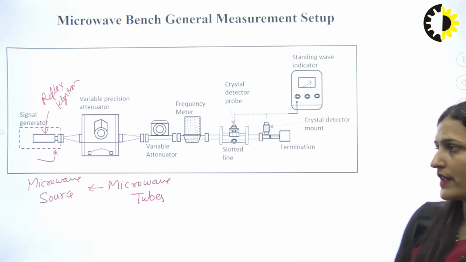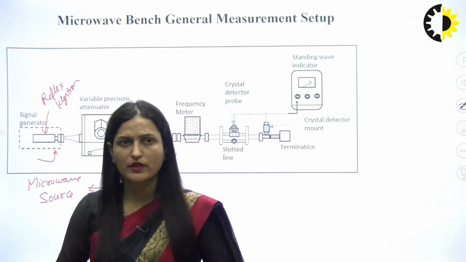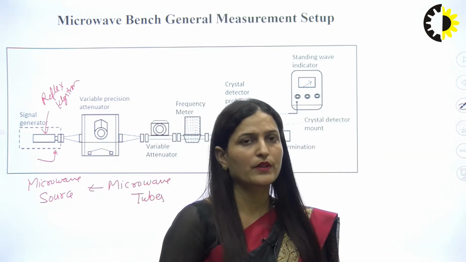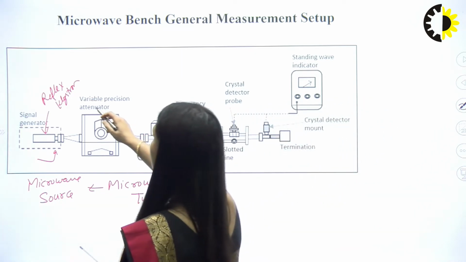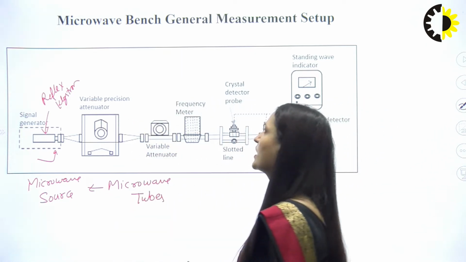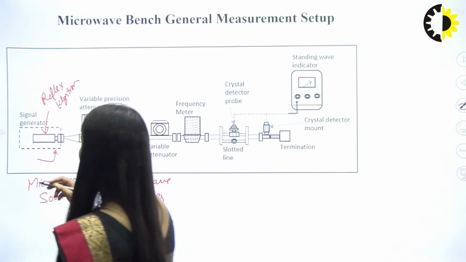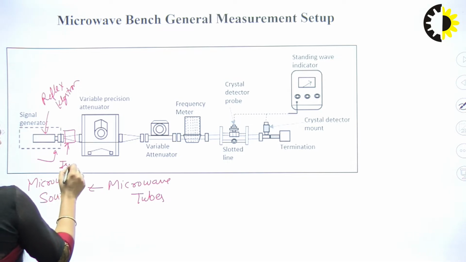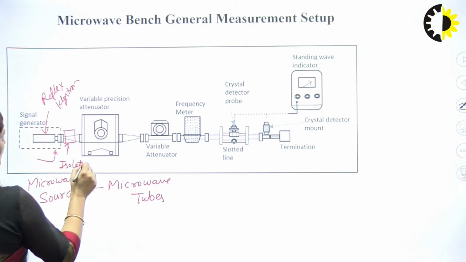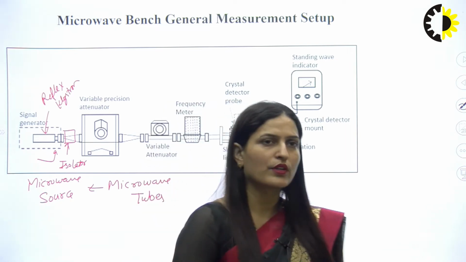The klystron tube is a very sensitive microwave source, so we have to use it with a fan also, so there will be no heating effect. After that there is a variable precision attenuator. Before that variable precision attenuator, there is one isolator placed here. An isolator is a device which is used to give direction to the microwave signal in a particular direction.